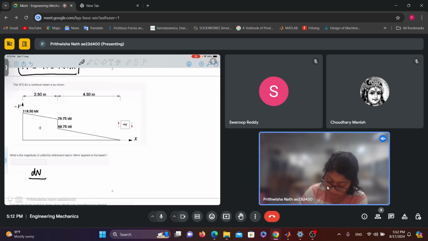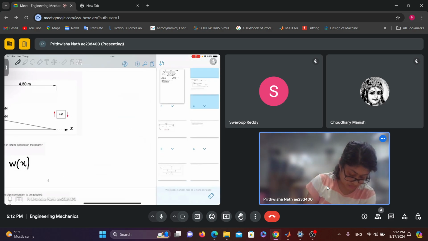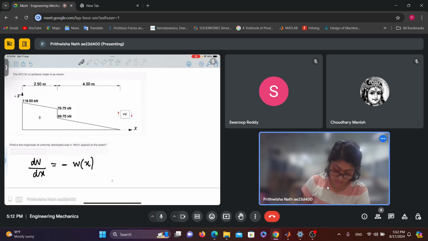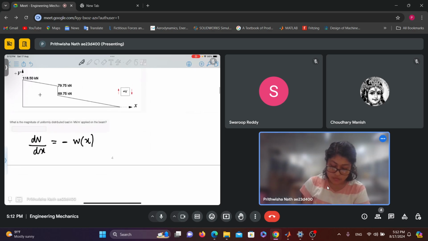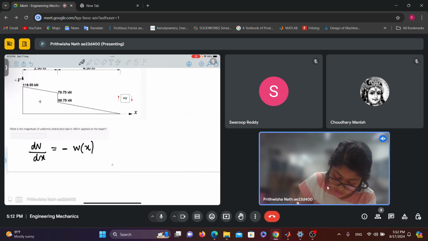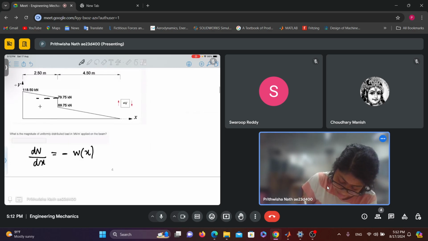So it is dV by dx equals minus Wx. So from here, what is the slope? We can calculate the slope from this figure.